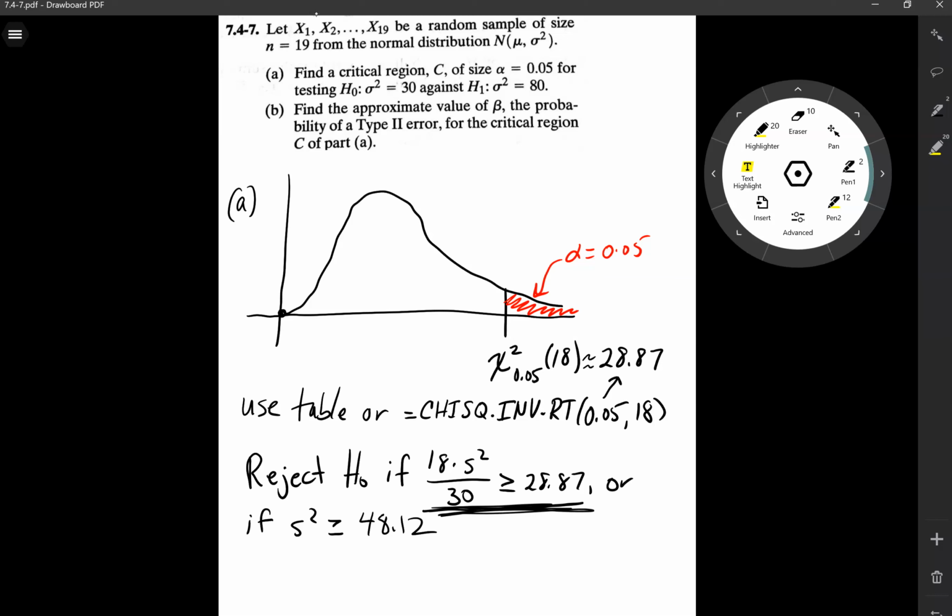All right. So let's look at part B now, where it asks you to approximate the probability of the type 2 error, to approximate that beta value for the critical region. All right, so remember beta is calculating the type 2 error, which is not rejecting when you're supposed to. So we want the probability that the null hypothesis is false, the probability the alternative hypothesis is true, but you didn't reject it.